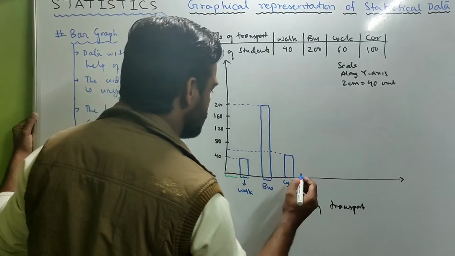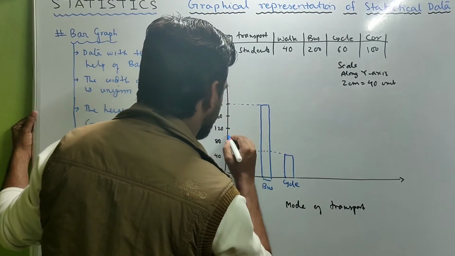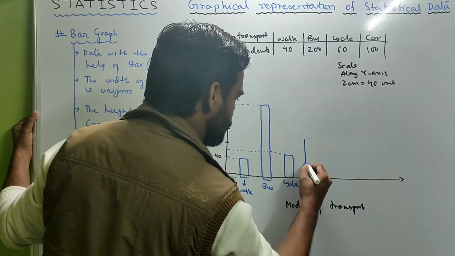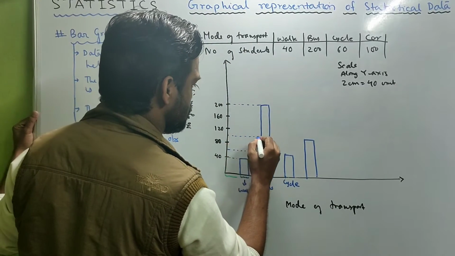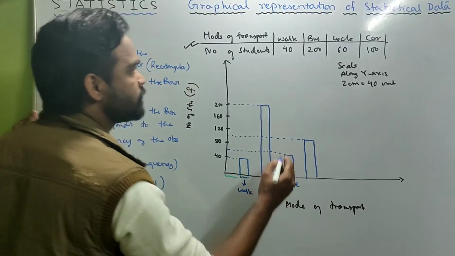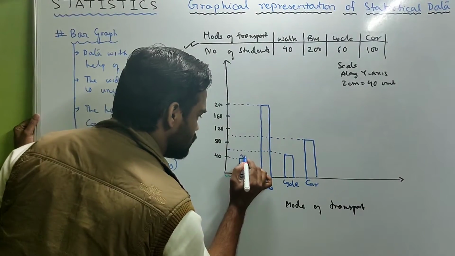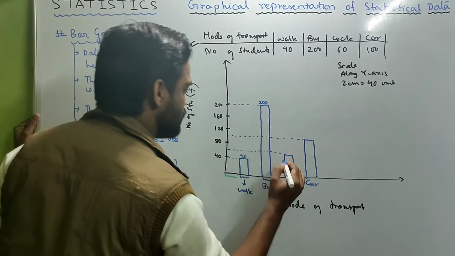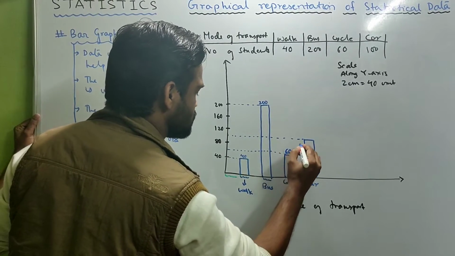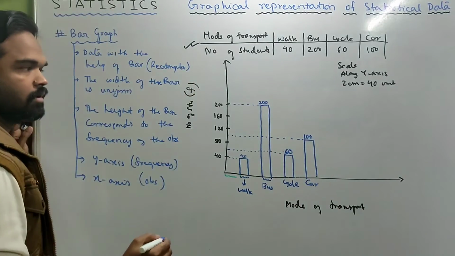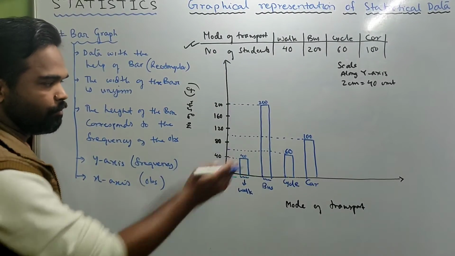So between 80 and 120 I'll leave a gap of 2 centimeter, and I'll draw another bar whose height is of course 100. So this is my car. This is 40, this is 200, this is 60 and this is 100. So I've represented this statistical data with the help of a bar graph.